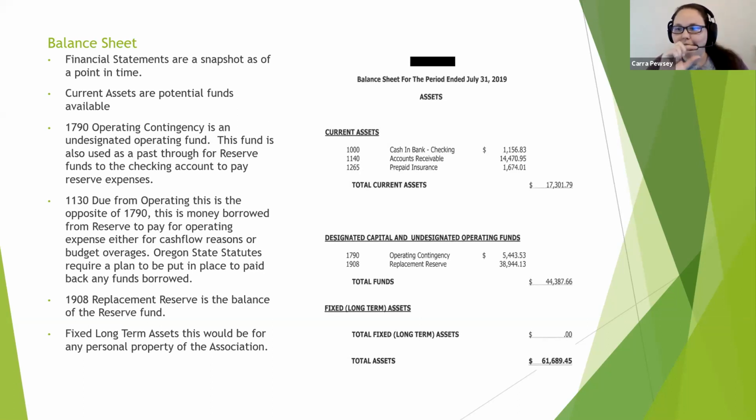Typically, you'll see that, and then right underneath, you'll see depreciation. The CPA will depreciate those items until it's nothing. But that's how you'll see that on the balance sheet.